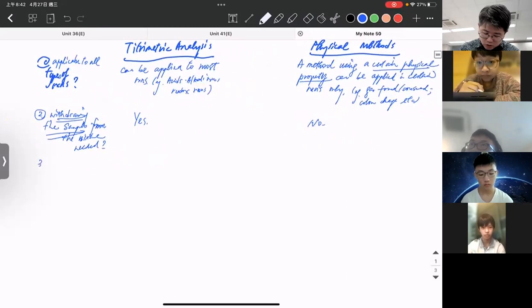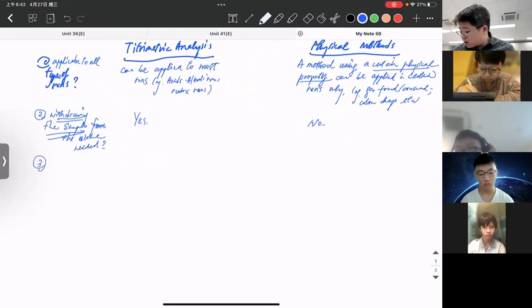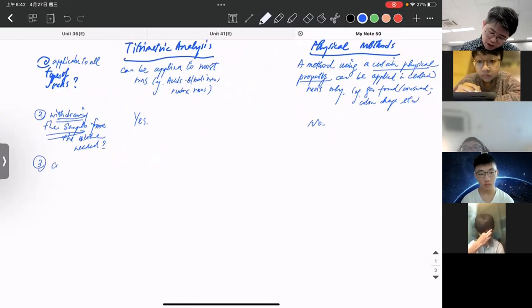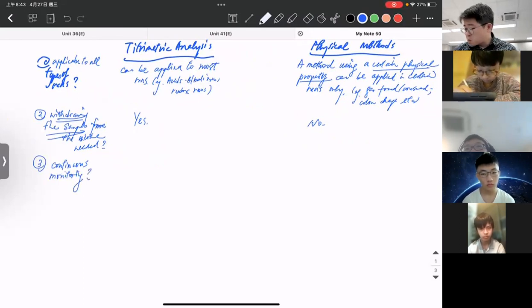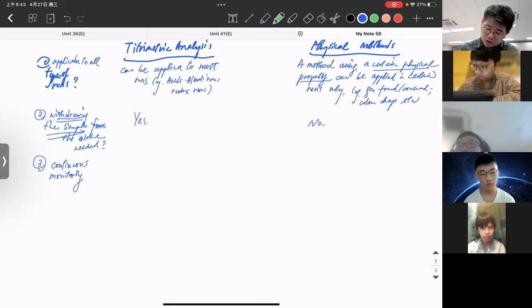So it comes to the concern of number 3. Can we have continuous monitoring of the concentration change?